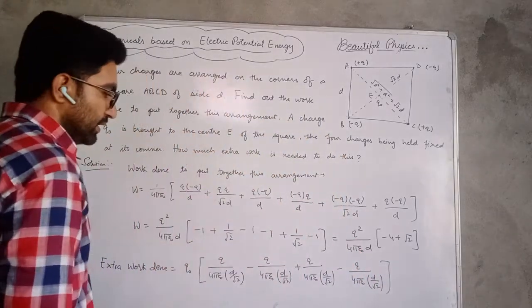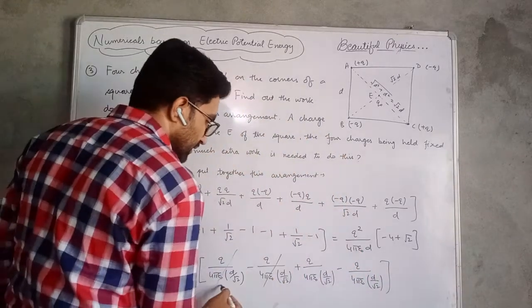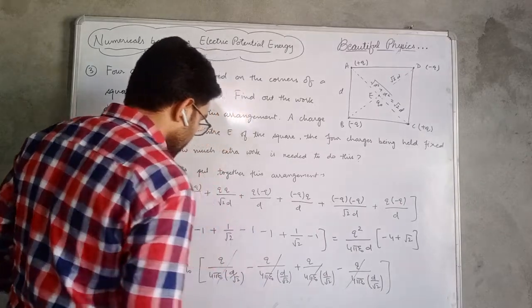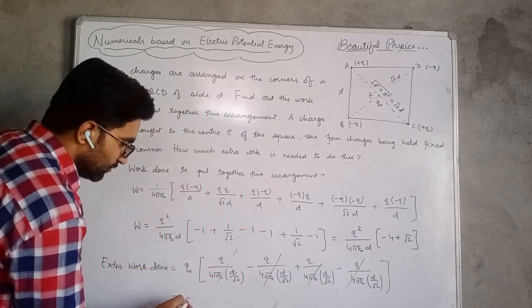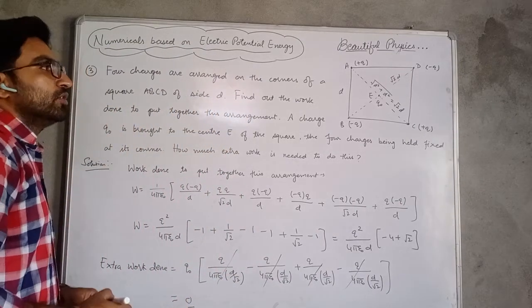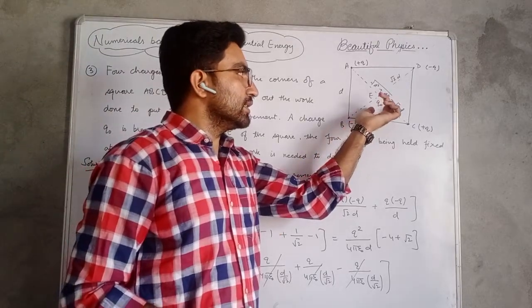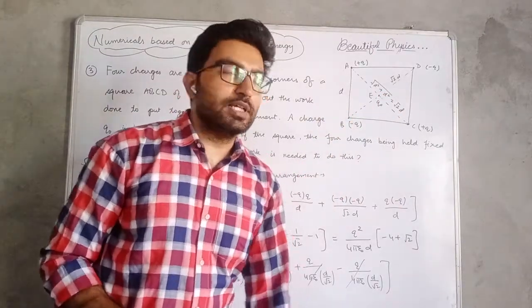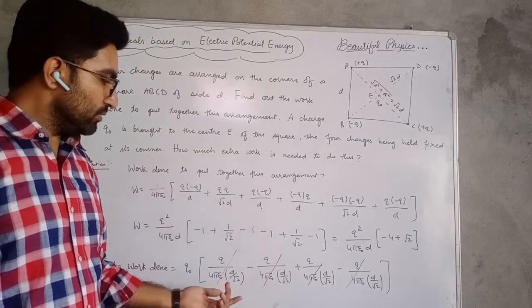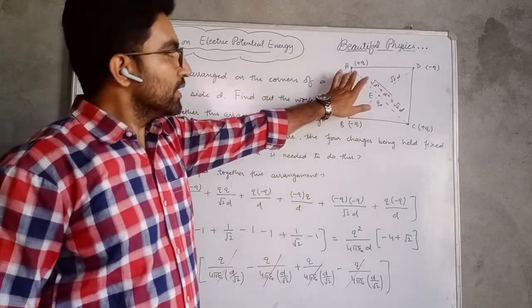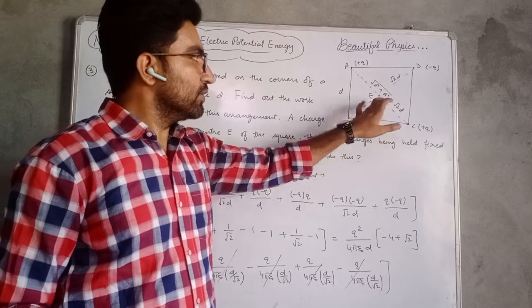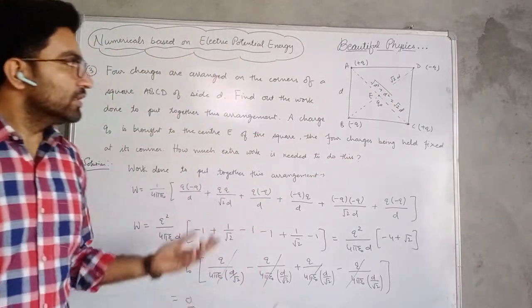As we can see, each term cancels out each other, so the extra work done will be 0. So no work done is required to put a test charge Q naught at the center of the sphere. Here D by root 2 is the half of the distance AC or BD. So this is the question.